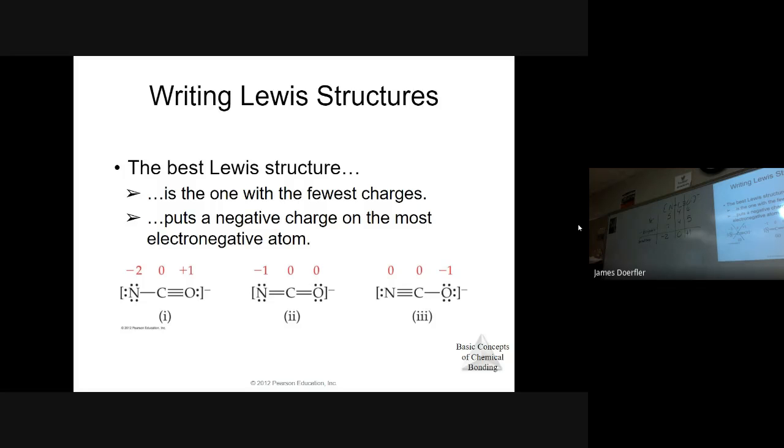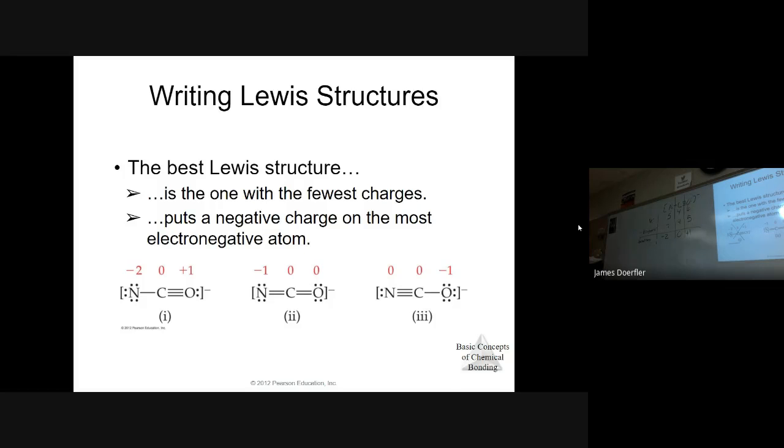Okay? So then we go to bullet point number 2. It puts a negative charge on the most electronegative atom. So on this middle one here, it places the minus 1 on the nitrogen. And on the second one over here, it places the minus 1 on the oxygen. So which one is more electronegative? Oxygen.